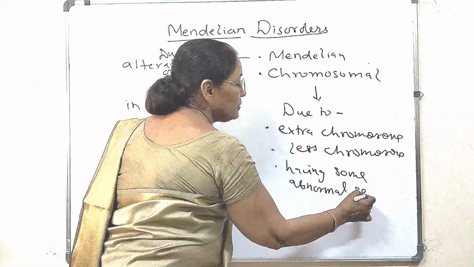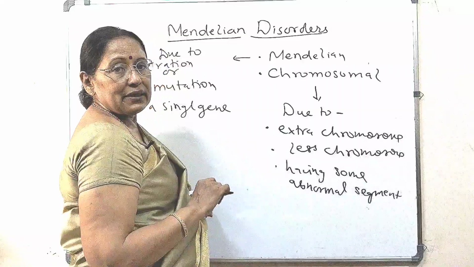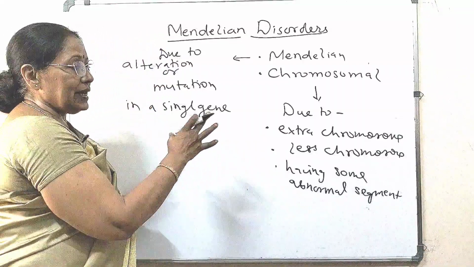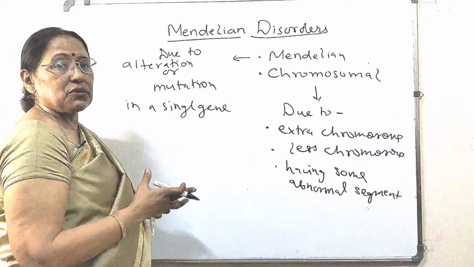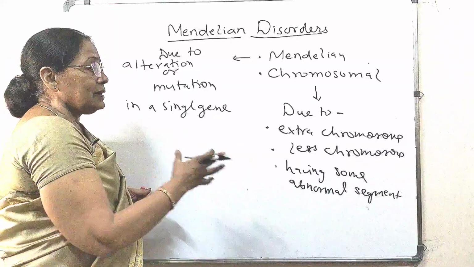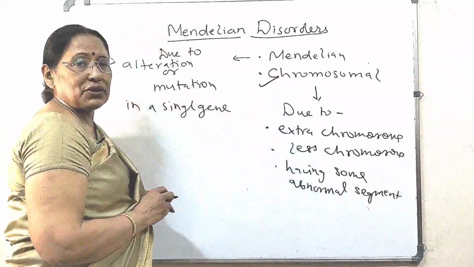Abnormal means the one which is not theirs. Due to this extra chromosome or less chromosome or having something which does not belong to them, it gives rise to chromosomal disorder.